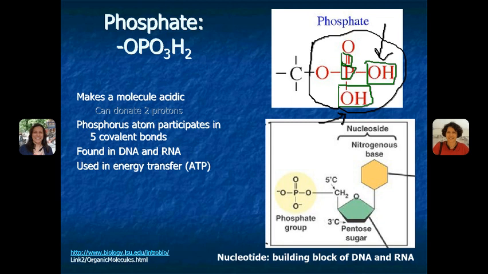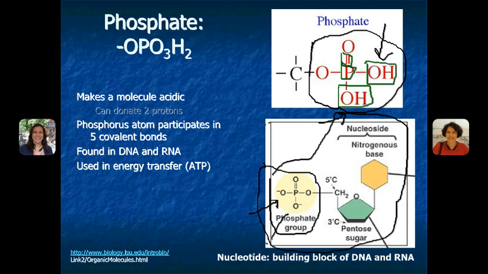So you can have a situation in which the group can be completely unionized, or one of the 2 OHs can have ionized, or both. We see underneath a picture of a nucleotide, and the phosphate group is shown over here, and you see that both of those hydroxyl groups that are part of it are ionized here, so it has 2 negative charges.